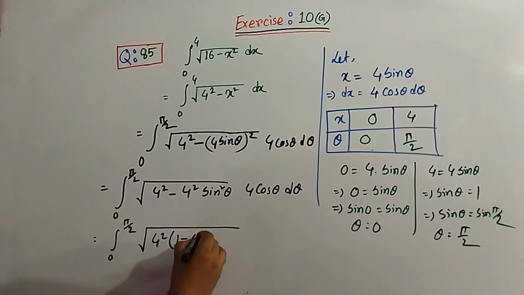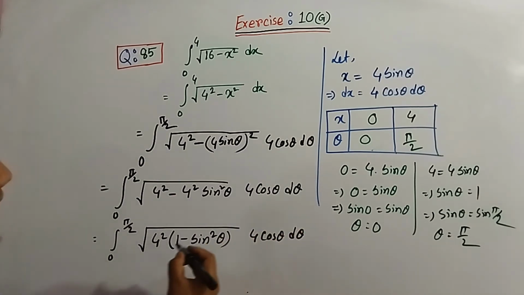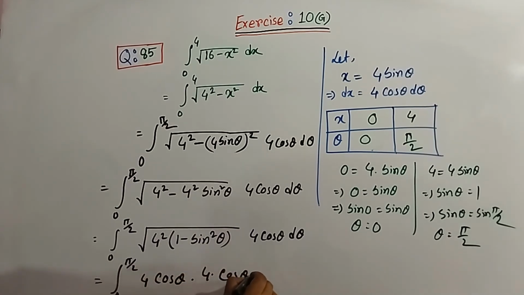One minus sin square theta, 4 into cos theta d theta, and here 0 to pi by 2. It should be 4, and 1 minus sin square theta is cos square theta, and for the root it should be only cos theta, 4 cos theta d theta.